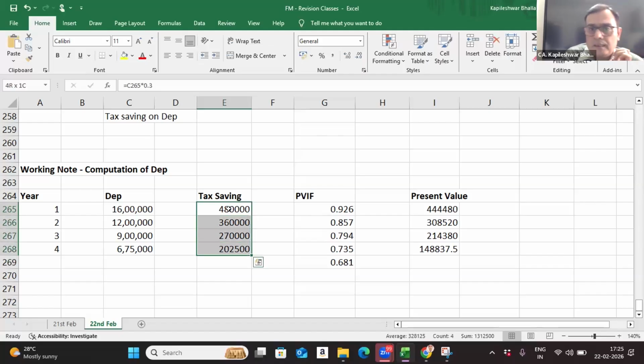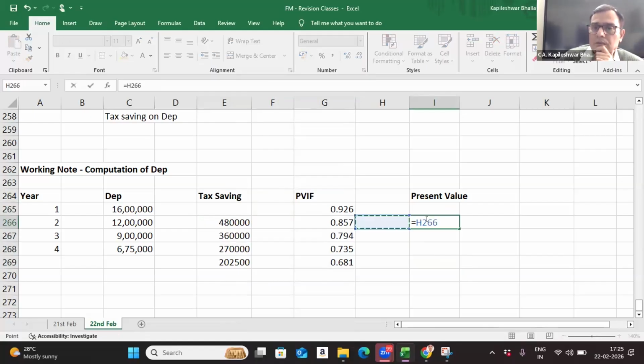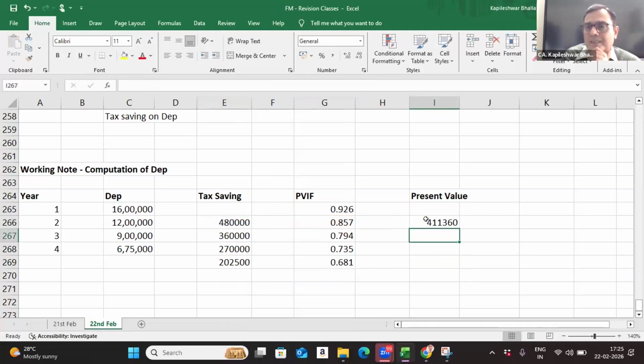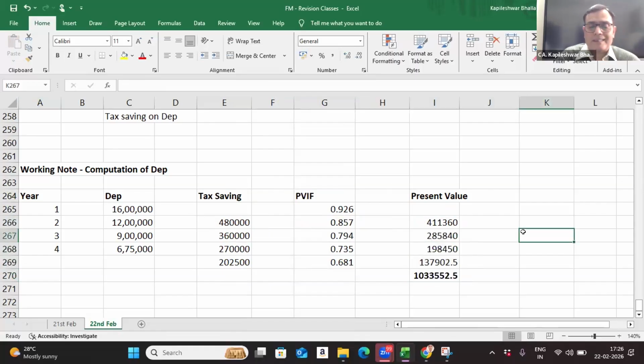We'll shift all this data by 1 year. And now we can multiply this into the present value factor. So this is going to give us the tax saving on the depreciation in arrears. Right, I hope this is correct now. So this is the tax saving on depreciation in arrears.